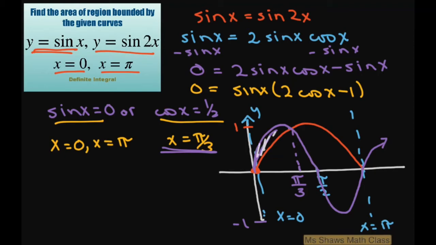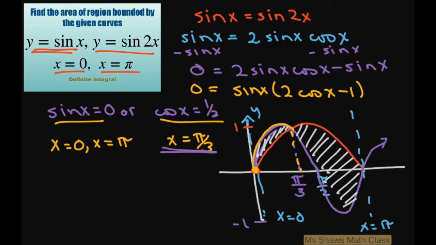We're going to have a shaded region in here, and a shaded region from all of this right in here. We're going to add these two shaded regions together. For the first one, we're going from 0 to pi divided by 3.